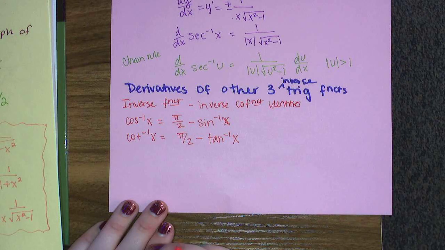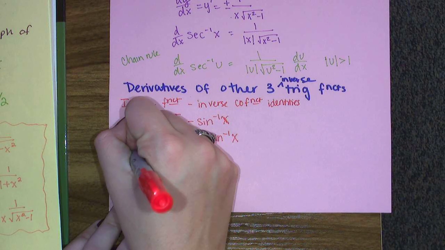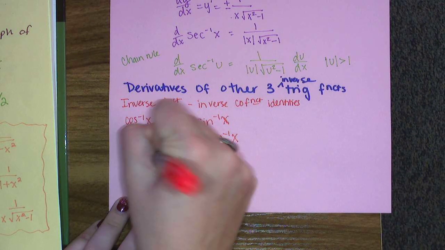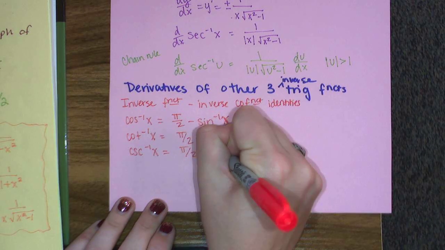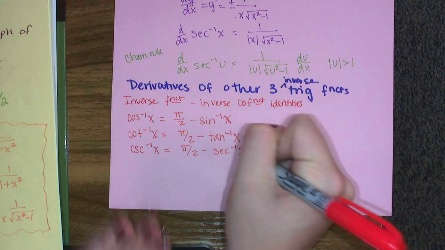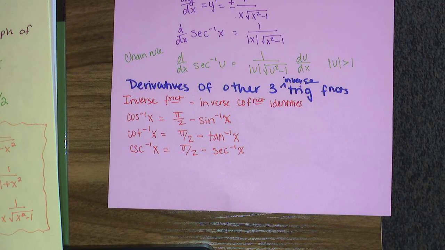And then the last one of those is cosecant. Arc cosecant of x is pi over 2 minus the arc secant of x. So that's how you get them if you don't know them off the top of your head, but that's kind of a pain to actually figure out. It'll be easier just to plug them into the little formulas.